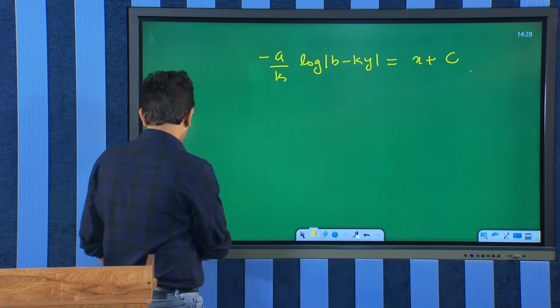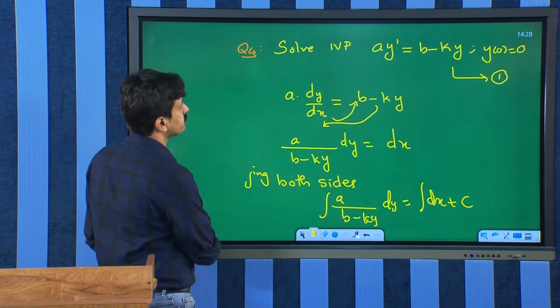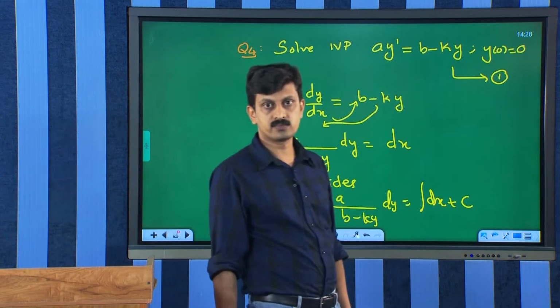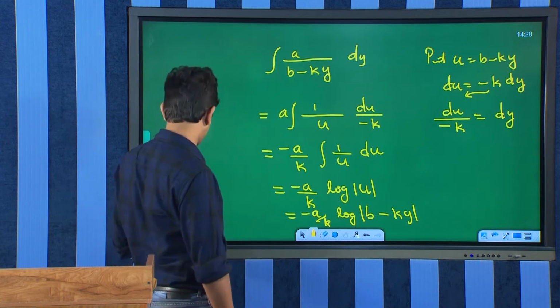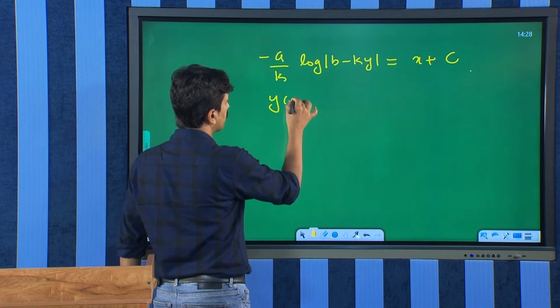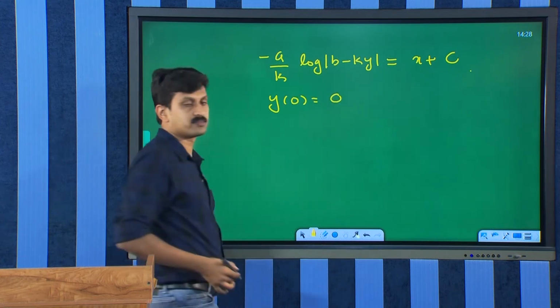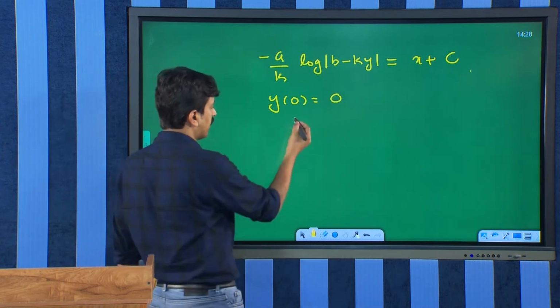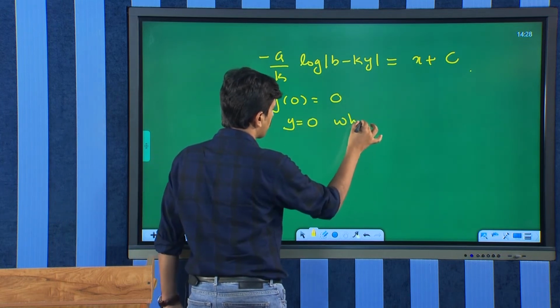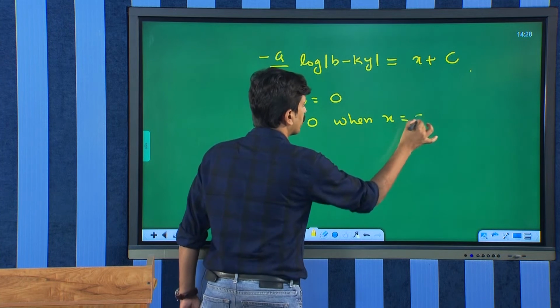We have the initial condition y of 0 equal to 0. Therefore, we can apply y is equal to 0 when x is equal to 0.